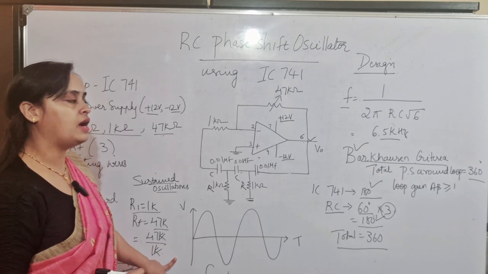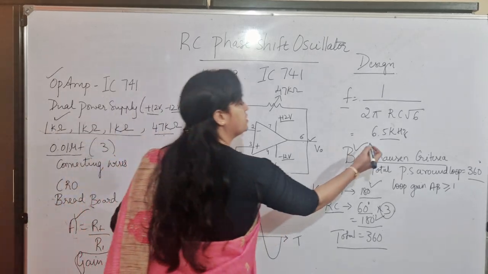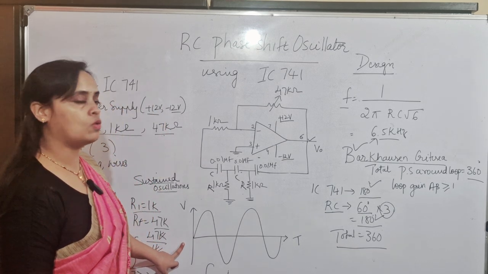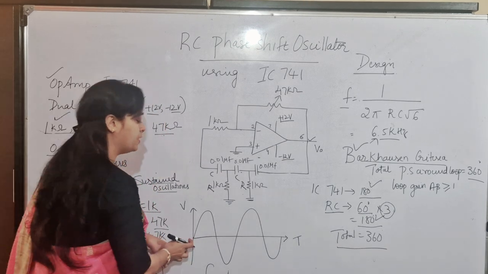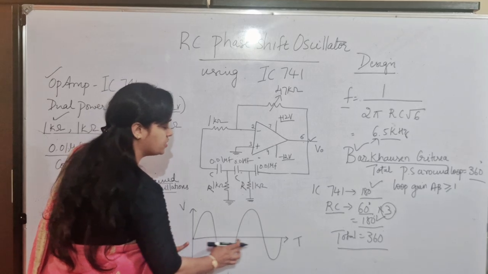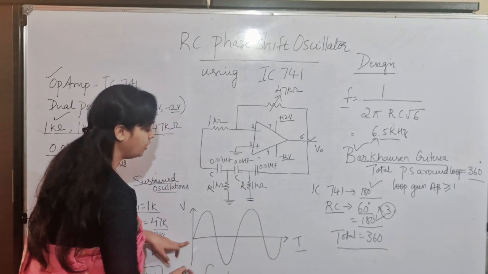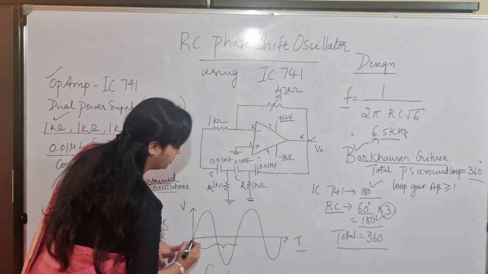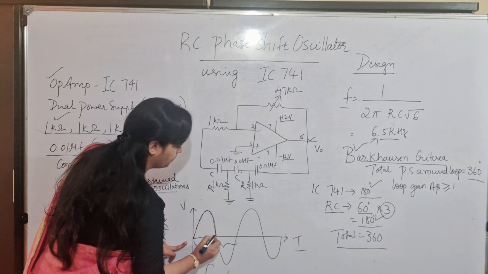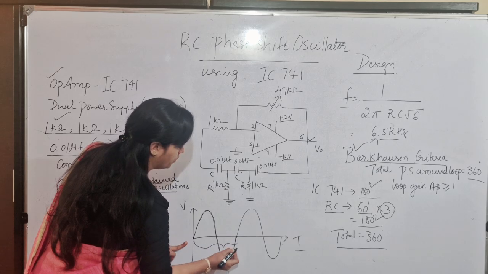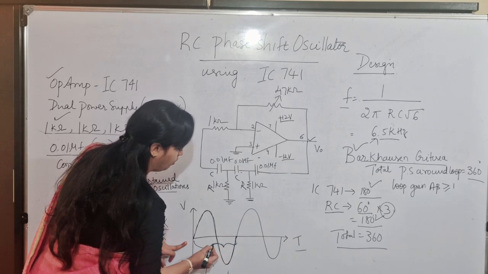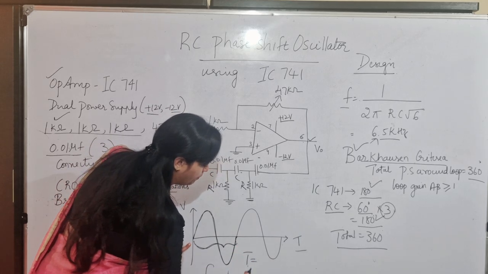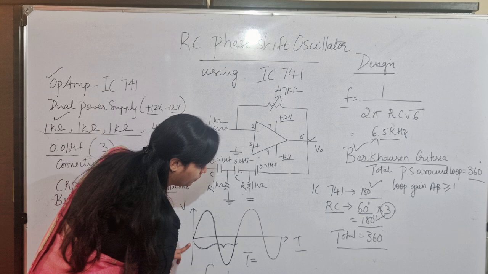Now, how do we verify our design is correct? As per our design, we should get a frequency of 6.5 kilohertz. Whatever waveform is obtained on the CRO can be measured. The value along the x-axis is the period, so by calculating the period for one full cycle, this time period for one cycle is calculated, and the reciprocal of this period will be the frequency.